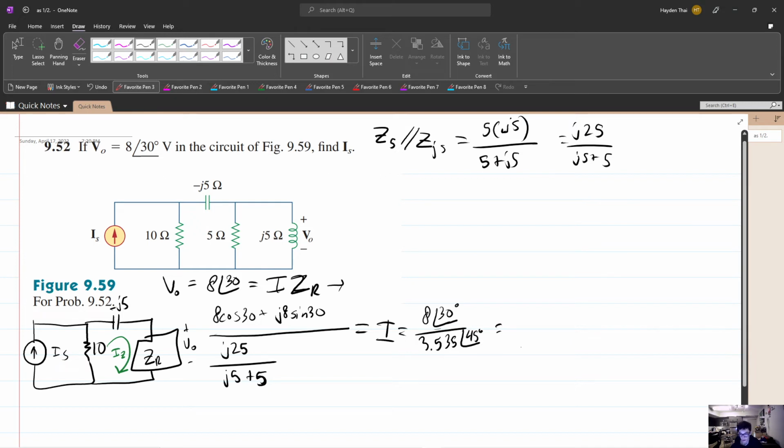Okay. Then we just reduce this. What is this? 2.2627 angle minus 15. Okay.